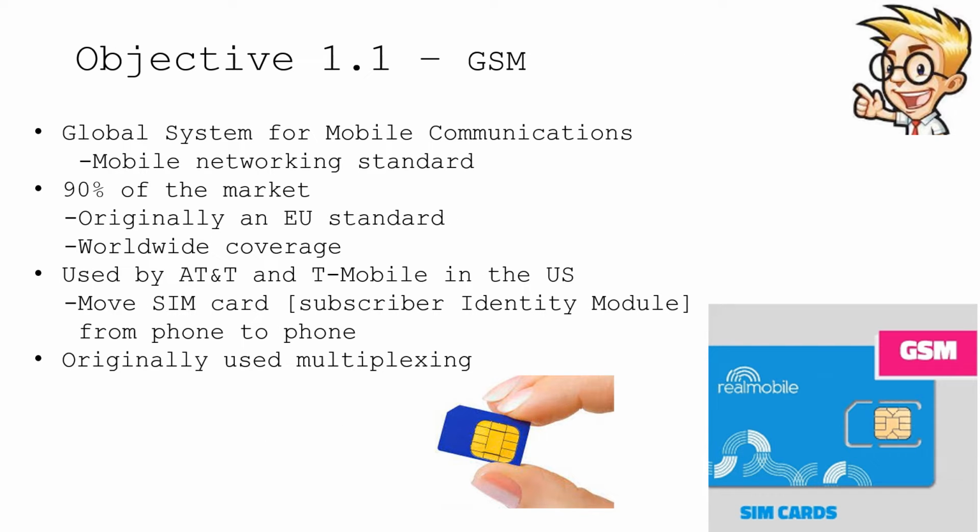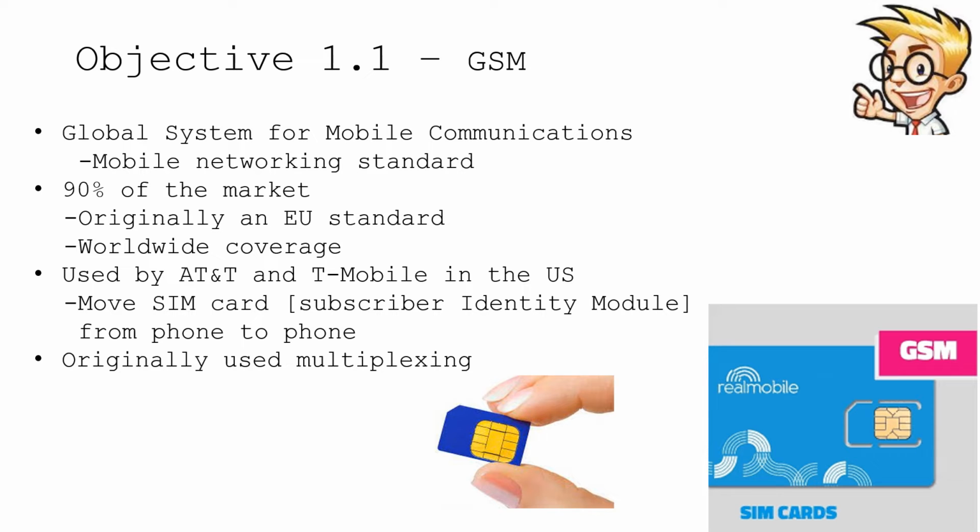GSM was a big part of that very early cellular network, GSM being the global system for mobile communications. GSM was about 90% of the worldwide market. It was a standard in the European Union, allowed you to have coverage wherever you happen to travel in the world.